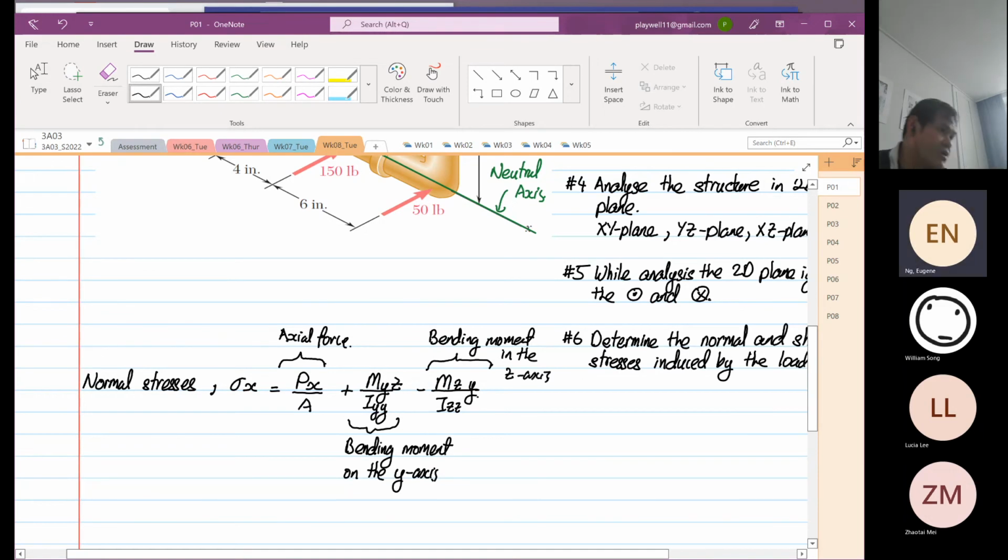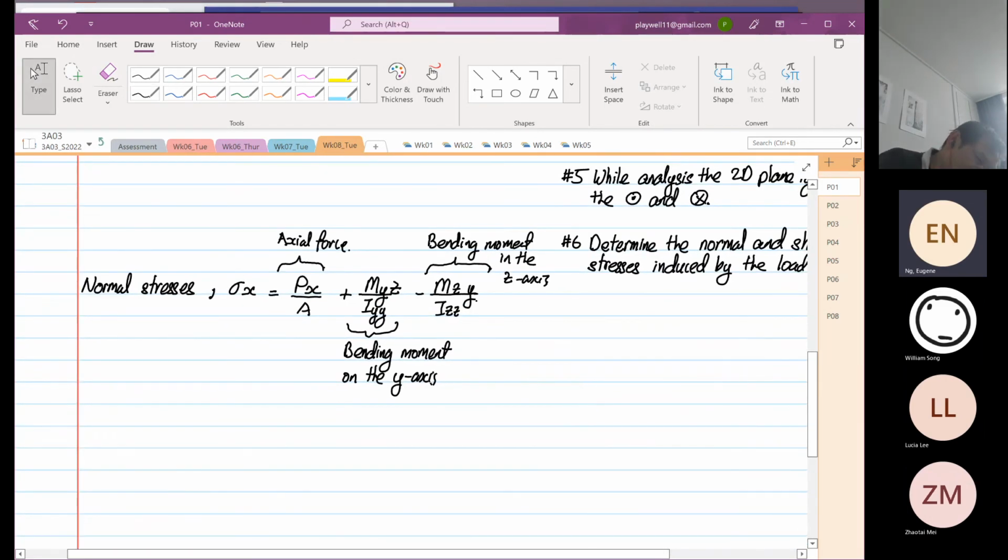So the normal stresses are usually the easiest one. Not really difficult, but a bit more analysis is required for shearing stress.